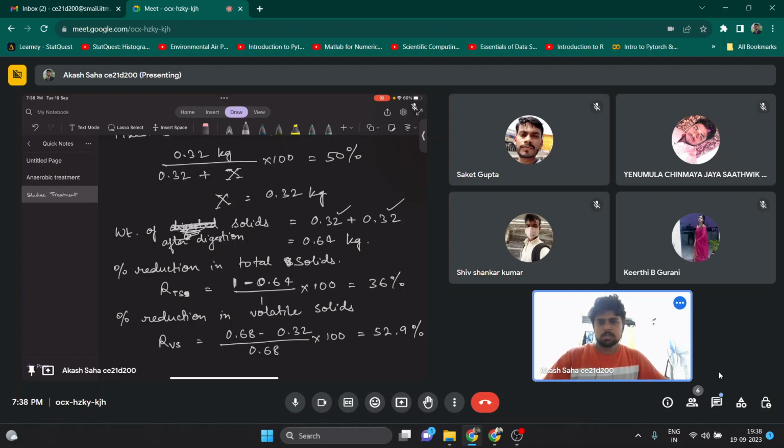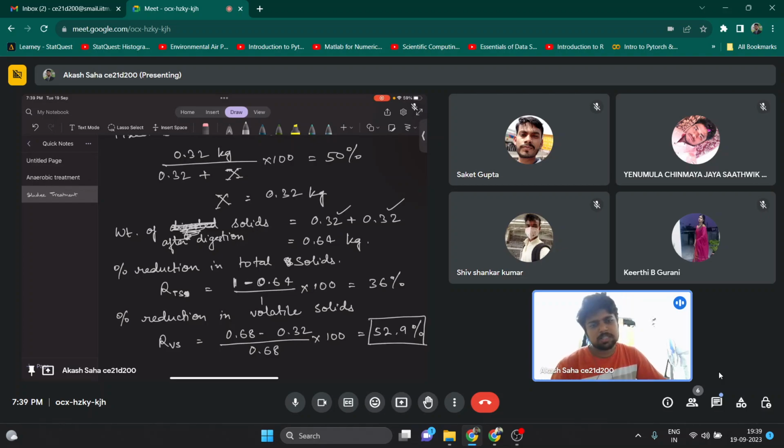Simply taking it as X, we found the volatile solids after digestion, and then the percentage reduction in both the cases of total solids and volatile solids.